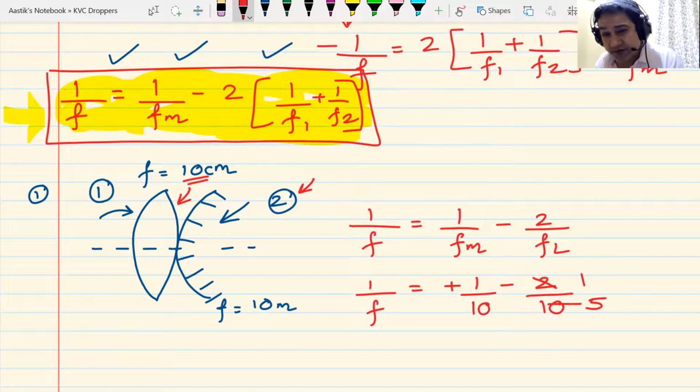Can you find out the value of f from here? Tell me the value of f. Can I have your answers?